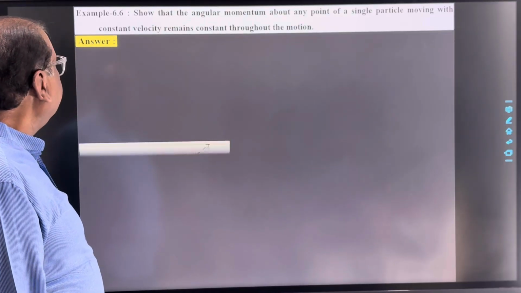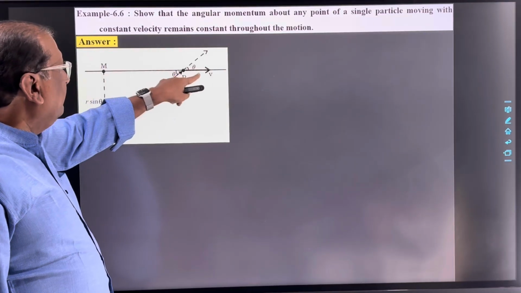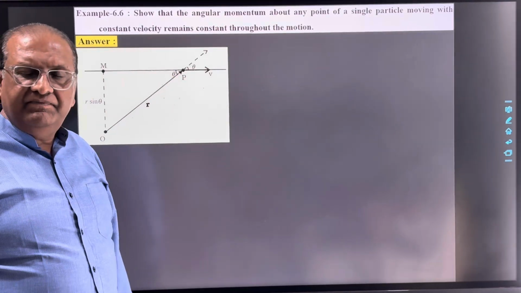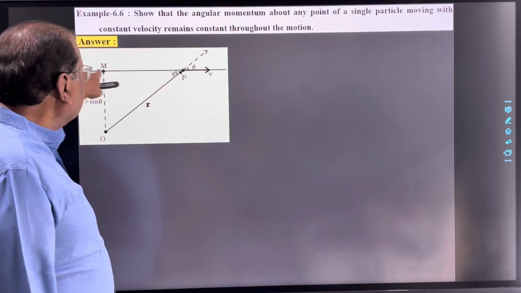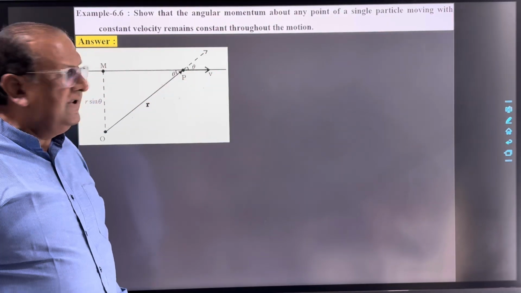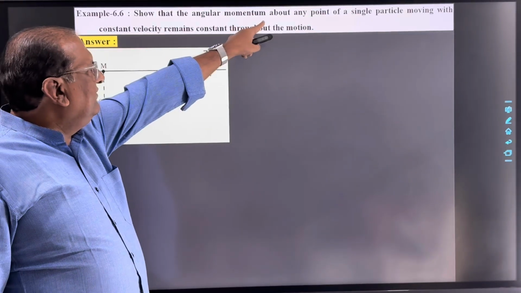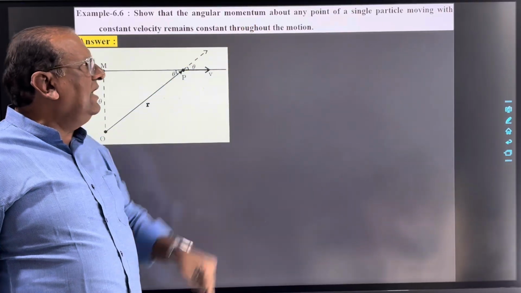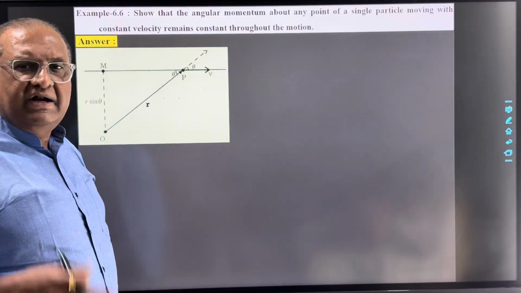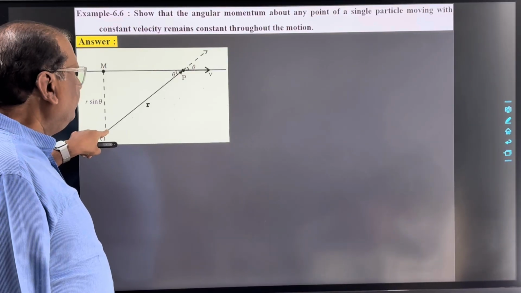Suppose we consider a particle moving with constant velocity v in the horizontal direction, as shown in the figure, and we have to calculate the angular momentum about any point. Here we consider that point to be P.